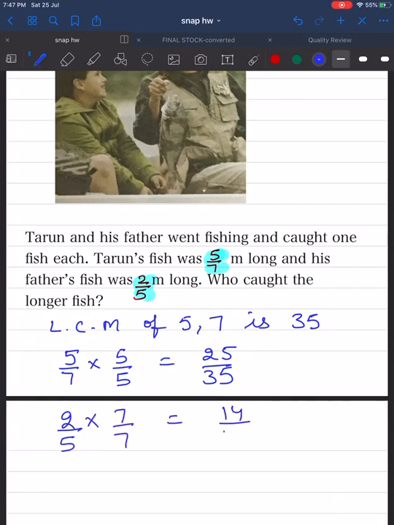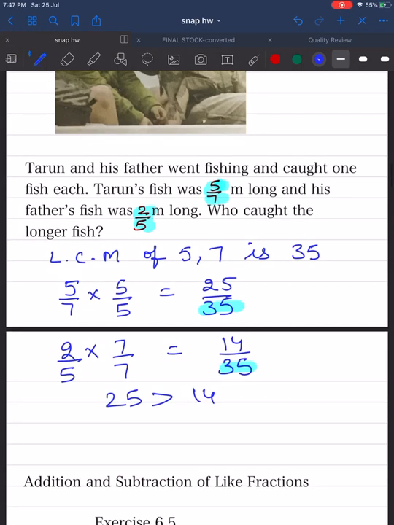And 2 on 5 will get multiplied by 7 on 7, so we get 14 on 35. Now denominators are same. So here 25 is greater than 14, so it means Tarun's fish is longer. So Tarun caught longer fish.